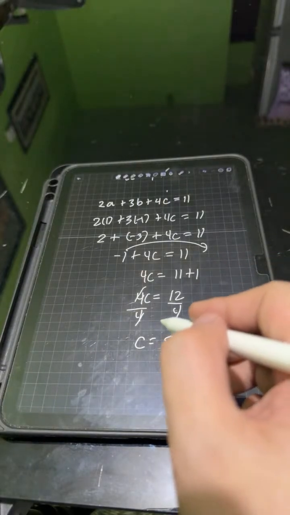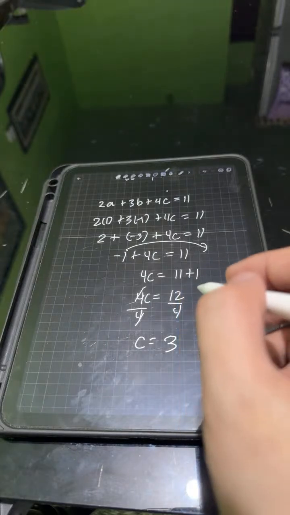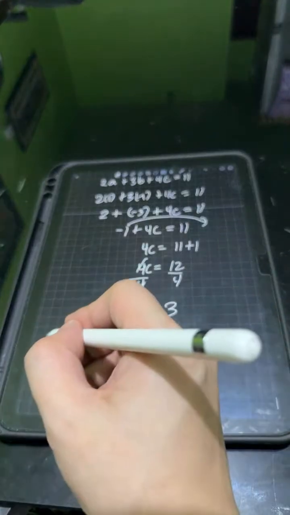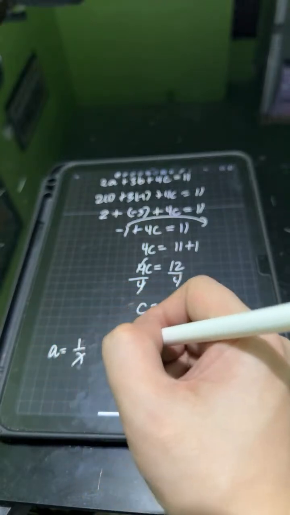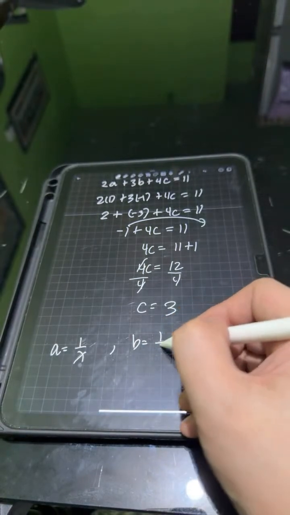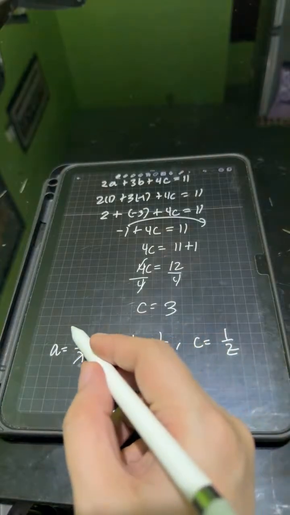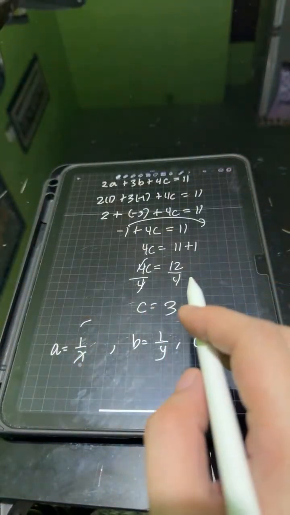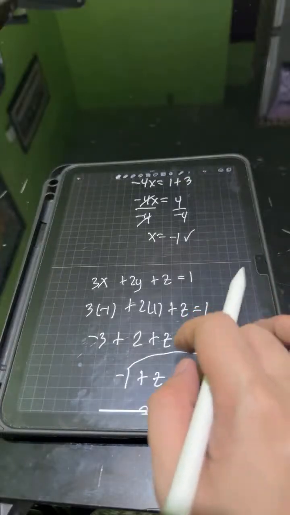Now, this is not the final answer because the original variables are x, y, and z. So we use the substitution, a is equal to 1 over x, b is equal to 1 over y, c is equal to 1 over z. This is the one that we used above here, right?